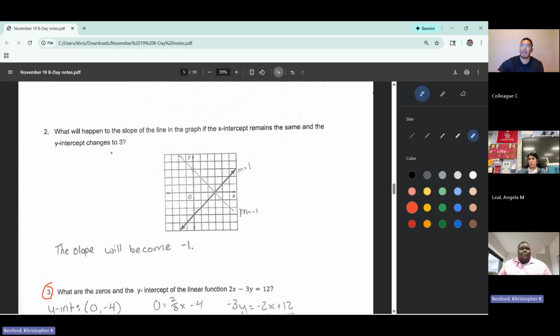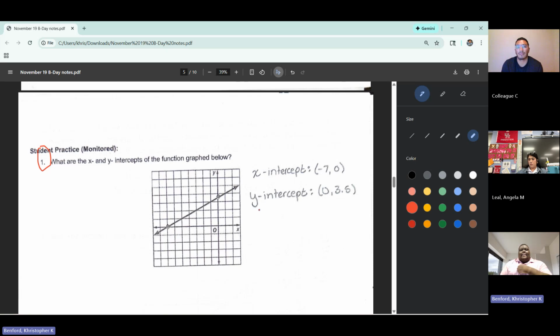The reason why I say number 1, finding the X and Y intercept, is because some of my students have not made the connection that if it's an x-intercept, my value of x is going to be different and the value of y is going to be 0, and vice versa. If it's a y-intercept, my value of x is going to be 0, my y value is going to be different.